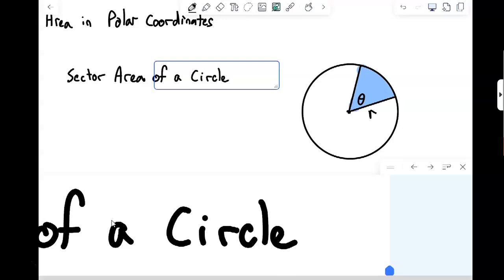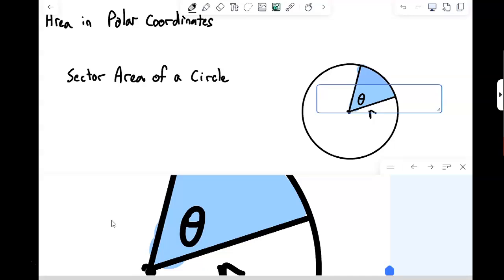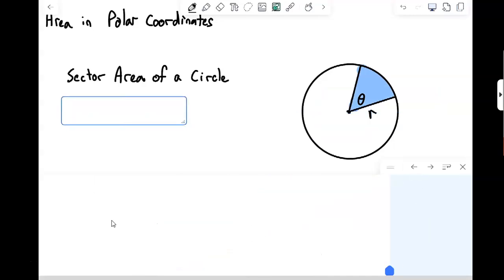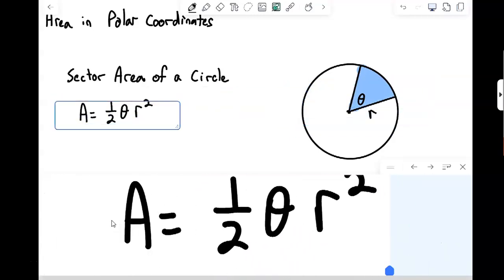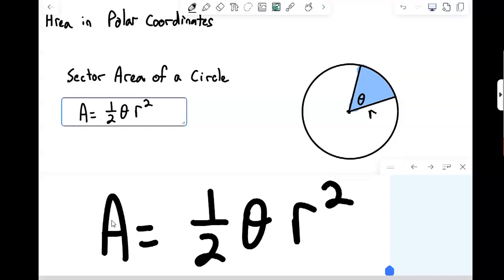What that says is that if you have a central angle theta in radians, then the area is just 1/2 times theta times the radius squared, of which of course you're familiar, the pi r squared area formula is just one special case. So for a sector of a circle, we can compute the area by taking 1/2 the angle in radians times the radius squared.